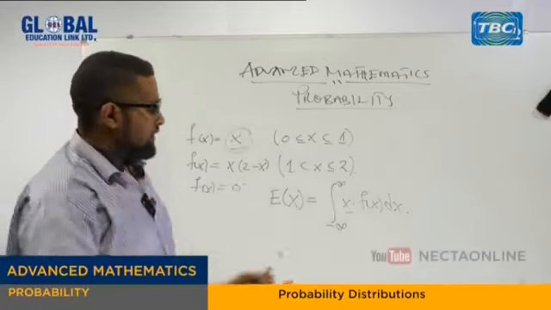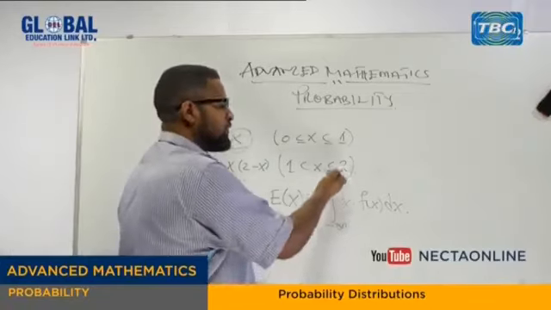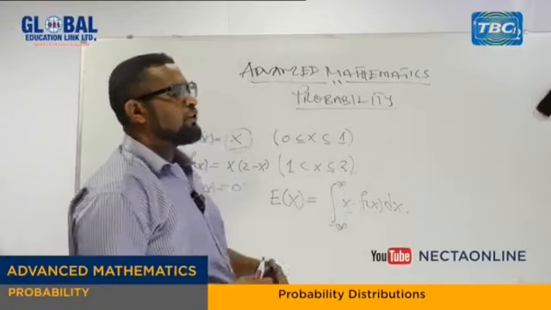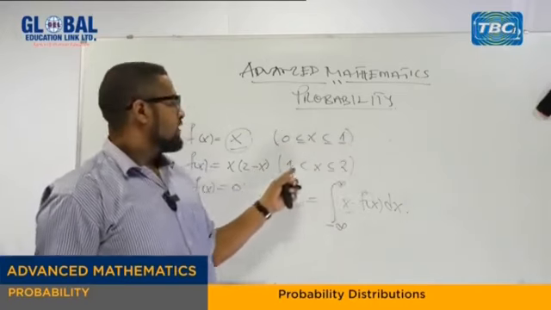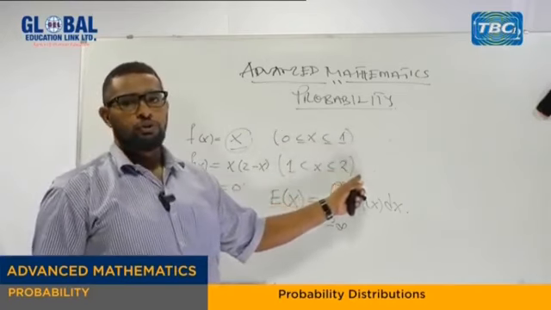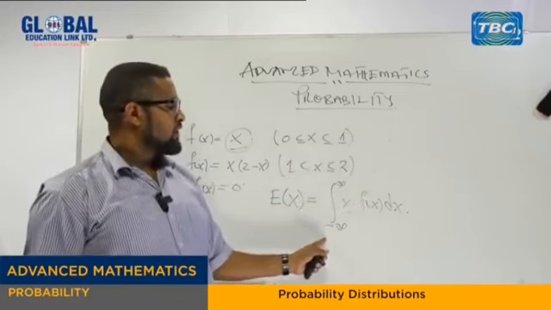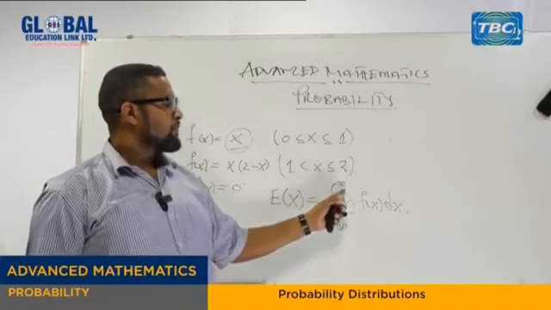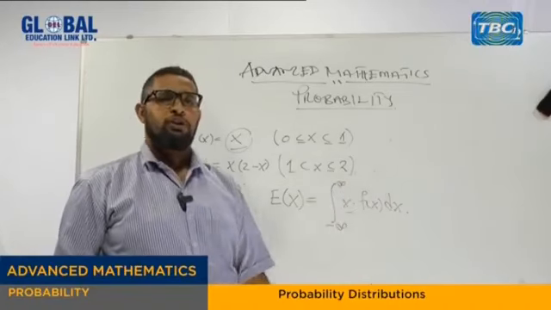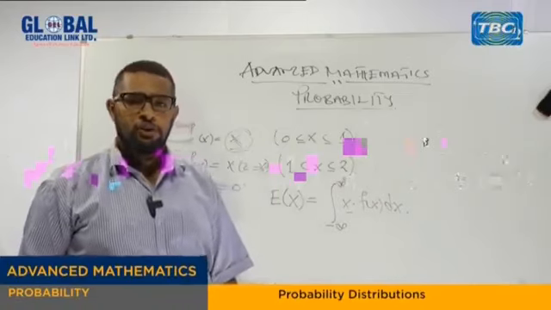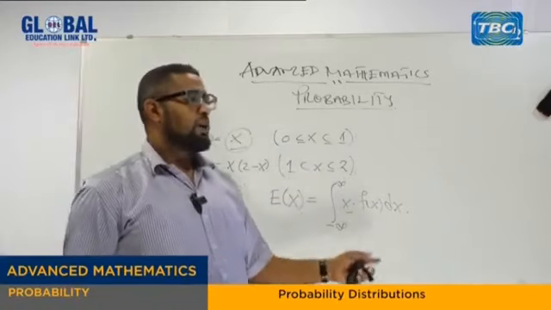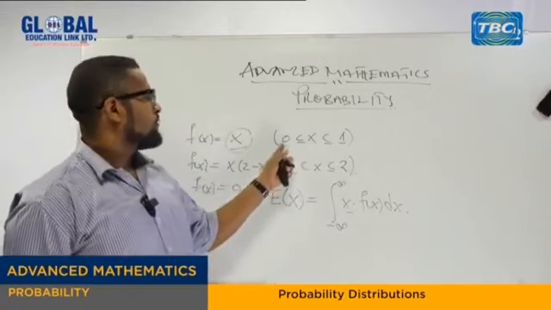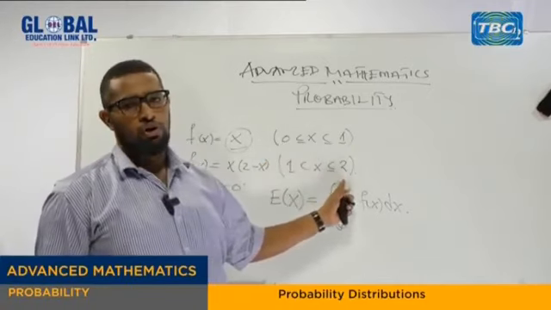Now, the limit from negative infinity to positive infinity is the one that we are given here, from 0 to 1 and from 1 up to 2. When you say negative infinity to positive infinity, it means you may include negative and positive numbers. But for our question, we don't have negative numbers. We have numbers starting from 0 up to 2 only.